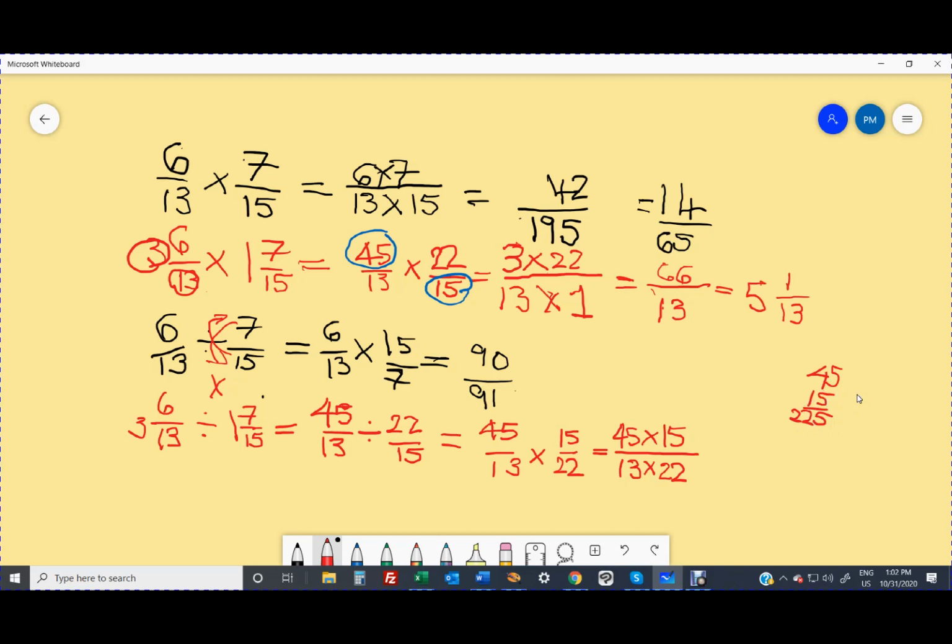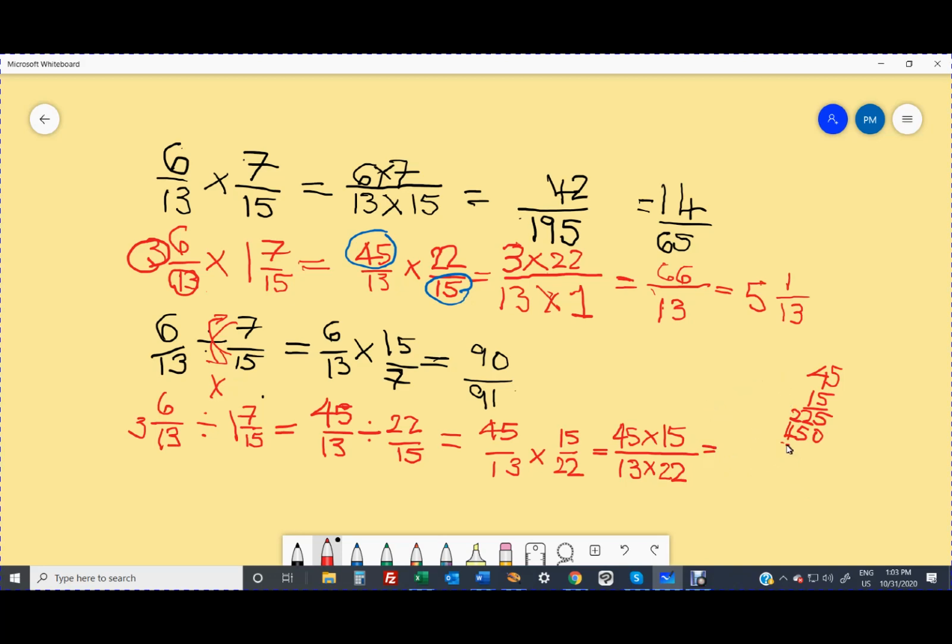Then a naught, and we go 5 and 4. So the answer equals, we can add that in our head. We got 5 at the end, 7 in the middle, and 6 at the beginning. So it's 6, 7, 5.